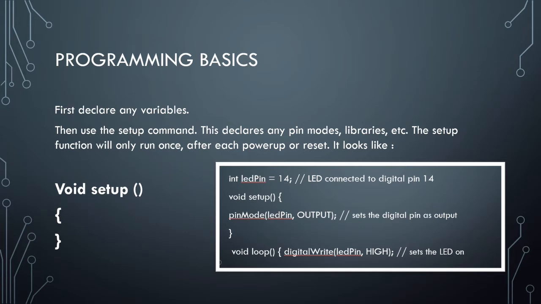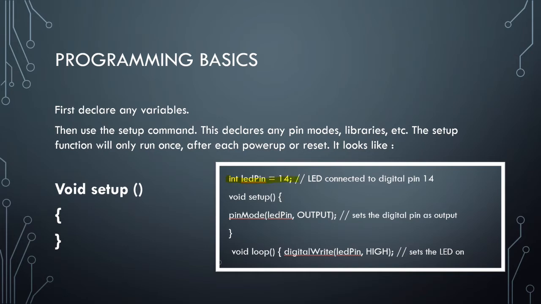So the first thing that you do whenever you're writing a program is declare any variables. You don't have to put anything before them, they just go in lines at the top. So you'll see this little example. We'll review each command and what all those mean after we take a look at the setup and the architecture of your program. The first thing you're going to do is declare your variables.